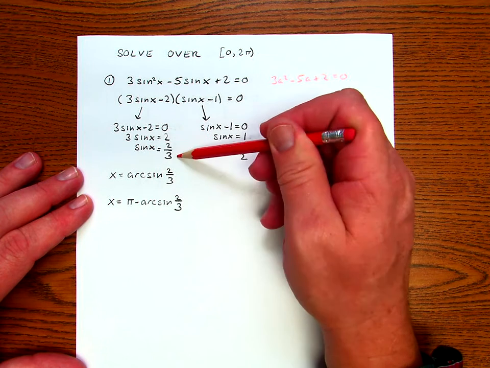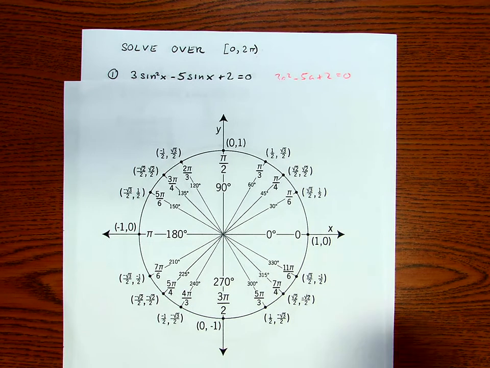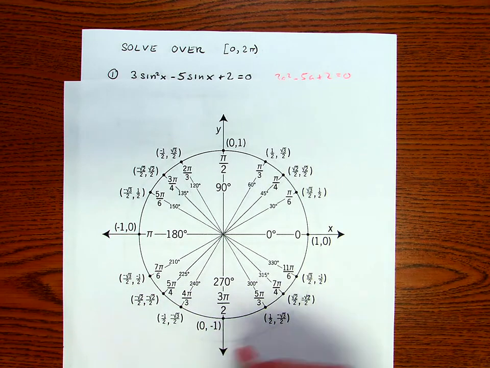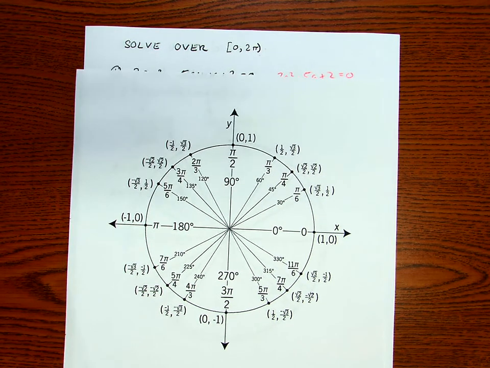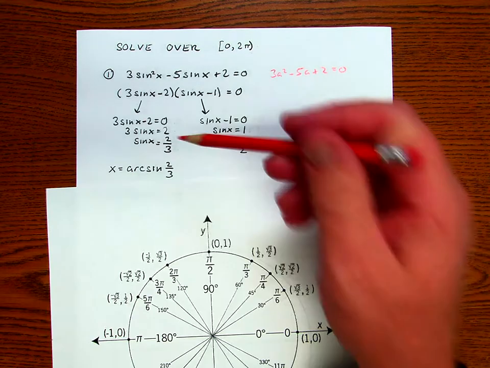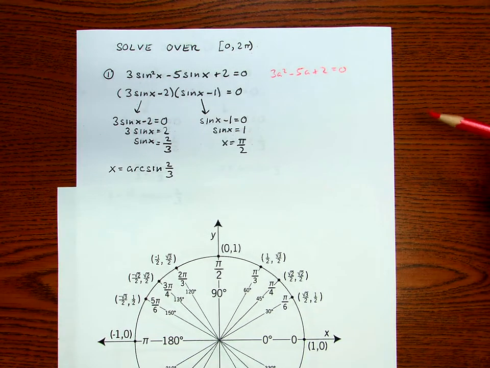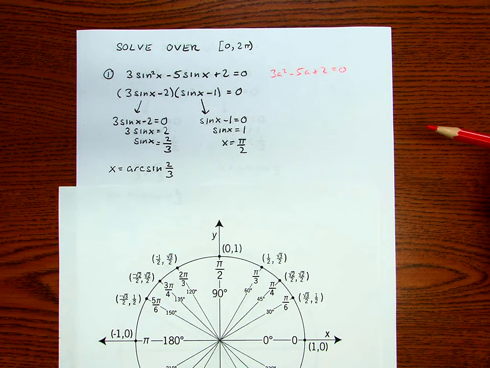The sine of what angle is 2/3? Well, if you check your unit circle and look at the y-coordinate going all the way around, 2/3 does not appear. So there are 2 possibilities of what could be going on here. This little branch is not producing any solutions, or we're going to get solutions, they just don't appear on a unit circle.